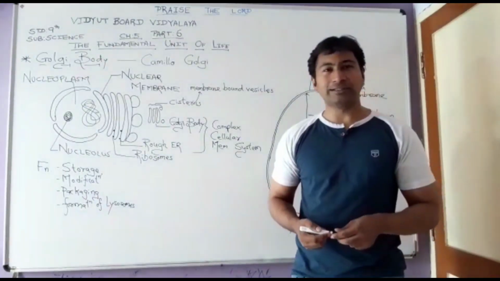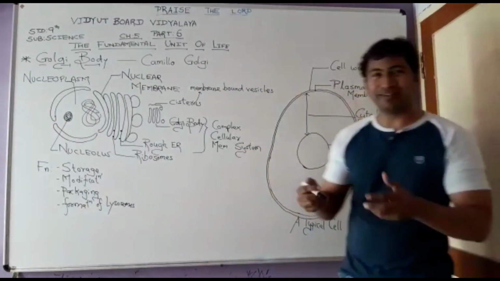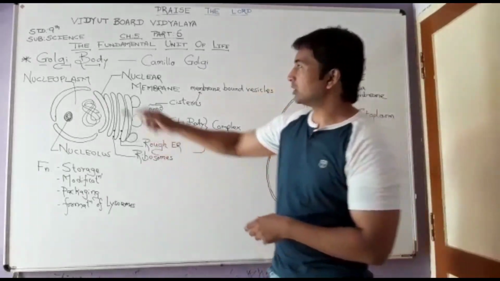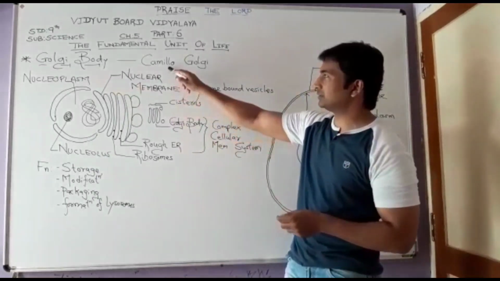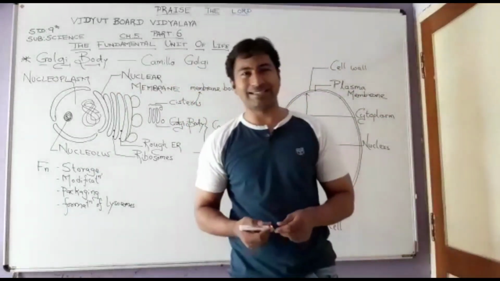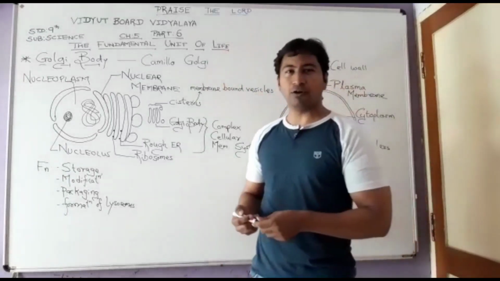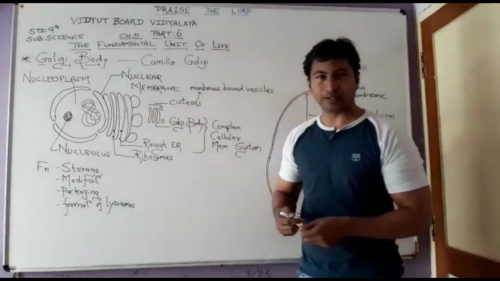Now the next organelle that is present inside the cytoplasm and very near to the endoplasmic reticulum is the Golgi body. Golgi body was discovered by Camillo Golgi, so the name has been designated as it is. Now let us go into the structure of the Golgi body. It is present near the endoplasmic reticulum.